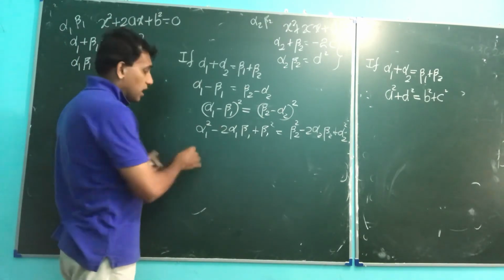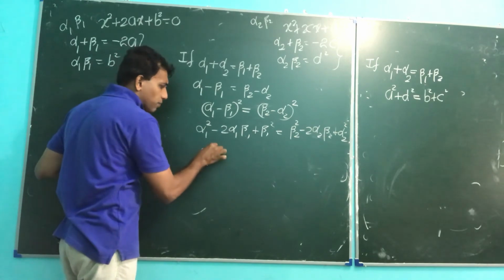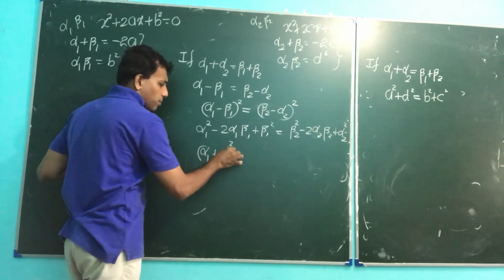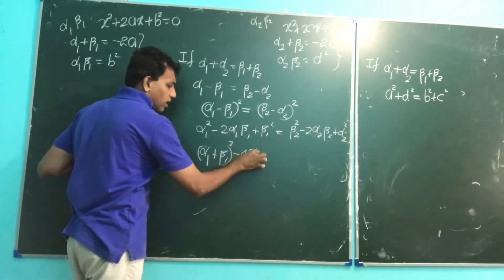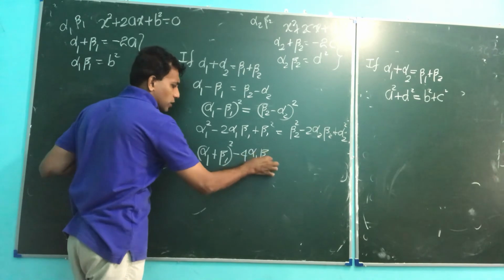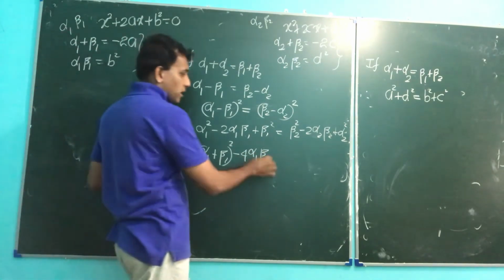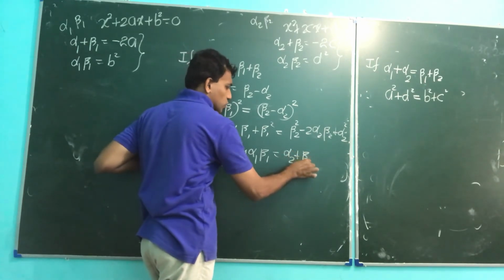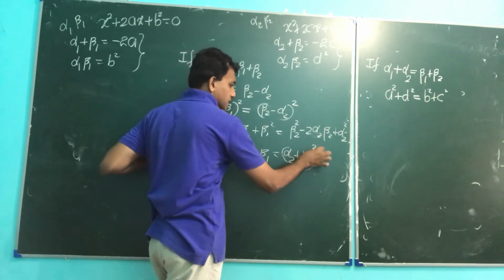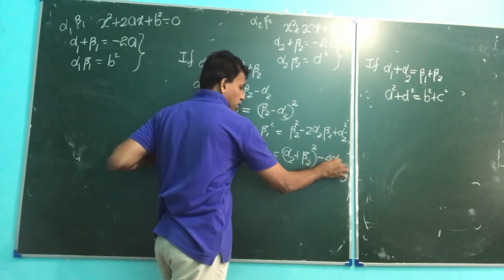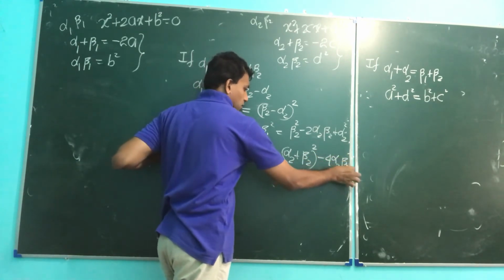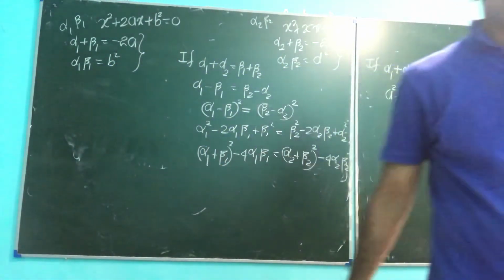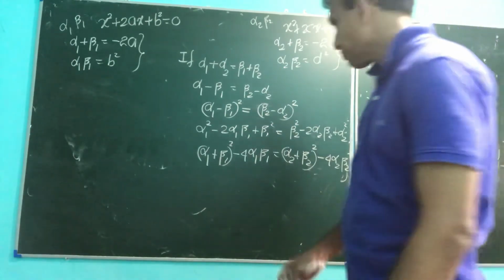Take the first and the last: alpha 1 plus beta 1 complete square minus 4 alpha 1 beta 1. On the other side, alpha 2 plus beta 2 all squared, then subtract 4 alpha 2 beta 2, right? The additional term you have to subtract. Now write the values, then you can have the answer. You have the first part answer.